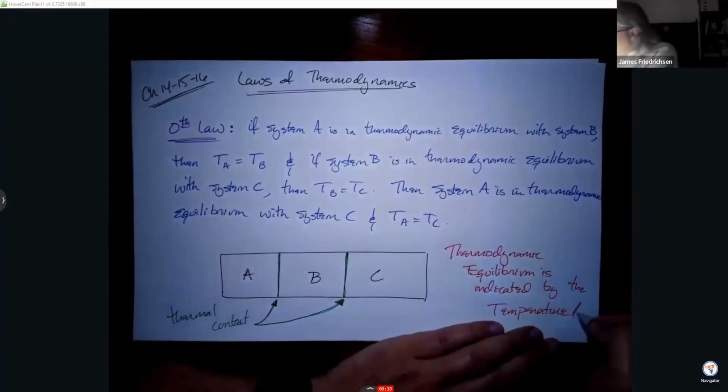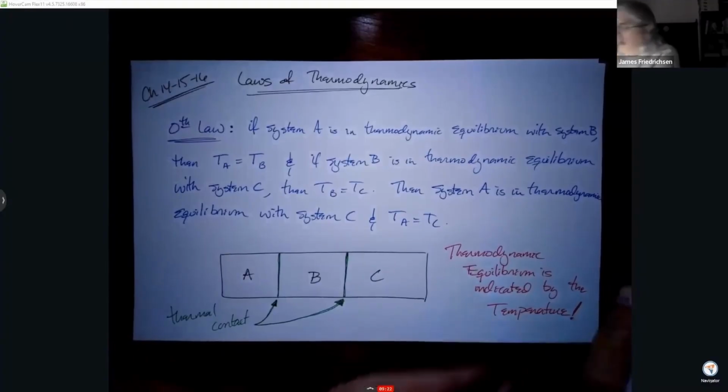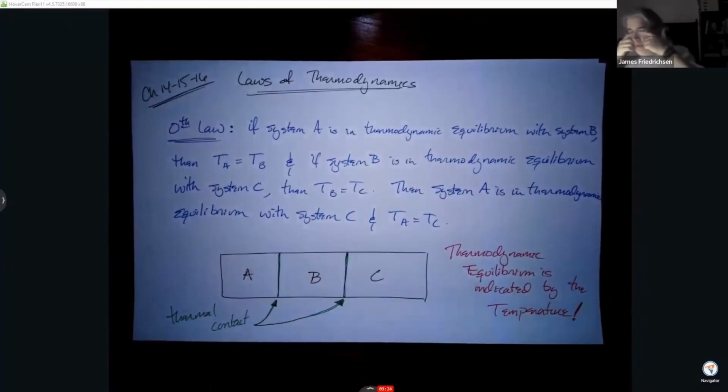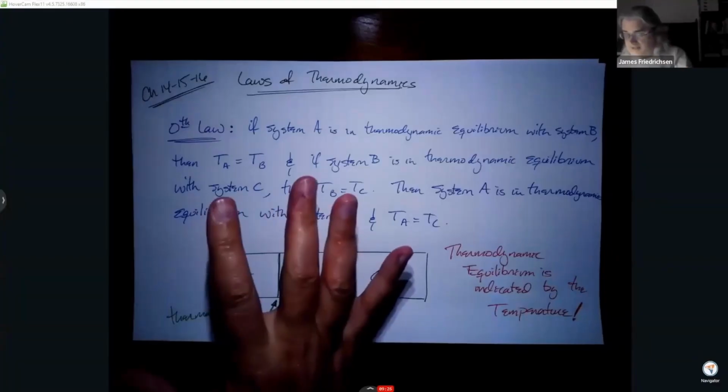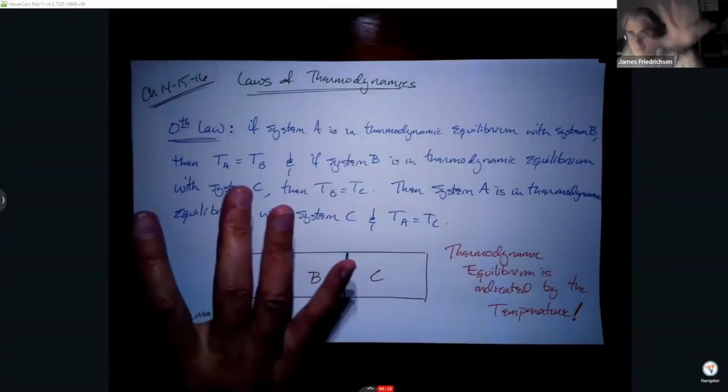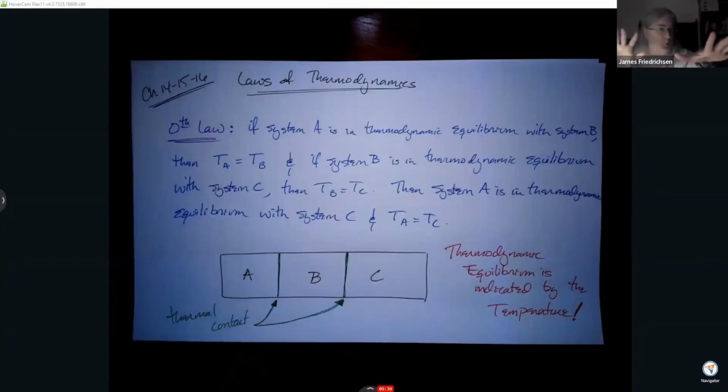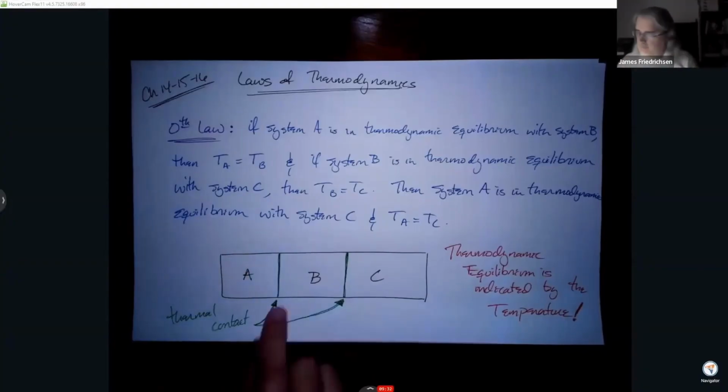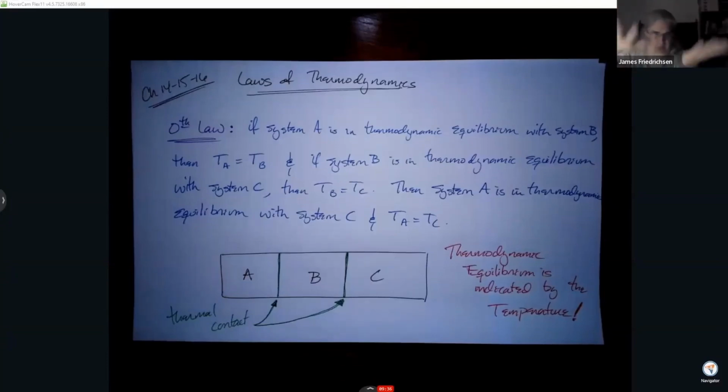Okay. If we remember back to the caloric fluid model, what they talked about was that objects that were hotter had more caloric fluid and objects that were cooler had less. If you put them into thermal contact with one another, it was like osmotic pressure. You essentially transferred the fluid from the more to the less until you got equal amounts of fluid, and then you were in equilibrium.